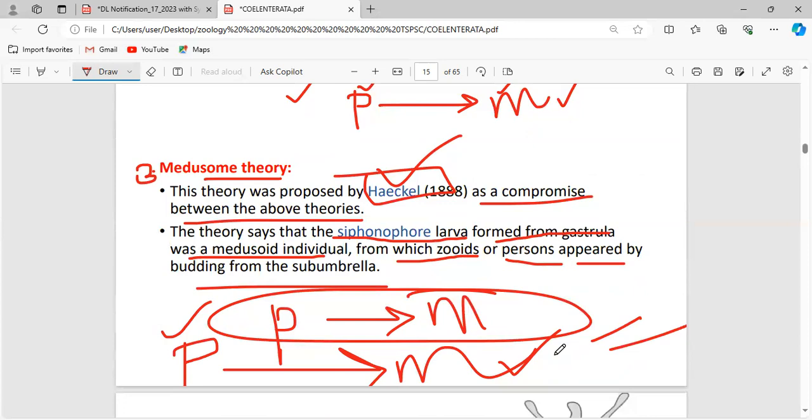Any doubts, Lalita? Any doubts for you too? Shall we continue with corals?